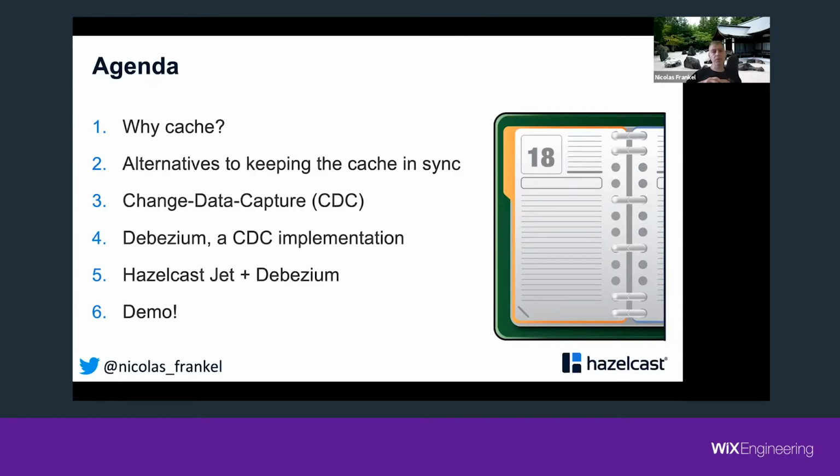Then I will talk about change data capture because it's super hyped, but it's very, very powerful. I will describe very succinctly Debezium, and then I can show you how we use Debezium inside of Hazelcast Jet. And finally, I will try to show off with a demo that I hope will work.